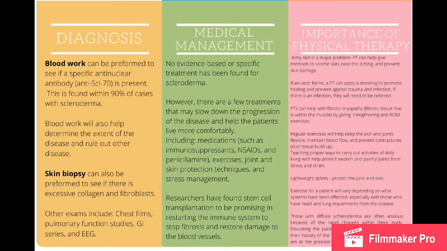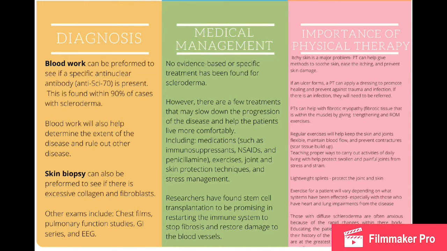A skin biopsy will be able to show the biology, the tissue of the skin that is unique to scleroderma as well. Chest films, pulmonary function studies, GI series, and an EEG may be done, especially if the scleroderma has progressed to affect those systems.